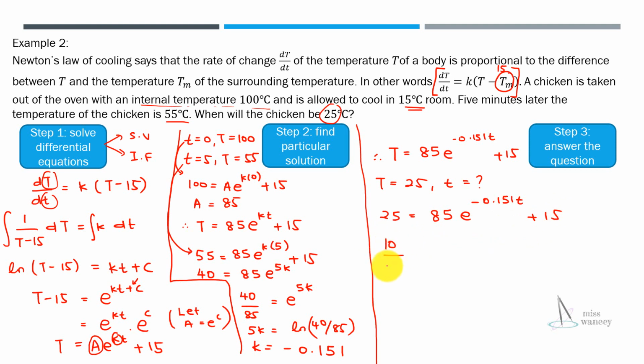So 10 over 85 is equal to e^(negative 0.151t). So applying ln on both sides, negative 0.151t is equal to ln of 10 over 85. So t is equal to ln(10 over 85) over negative 0.151. Okay, so t is equal to 14.2 minutes.